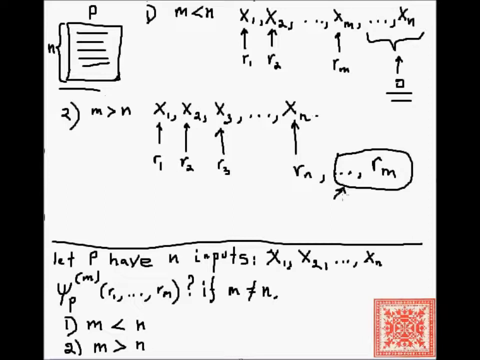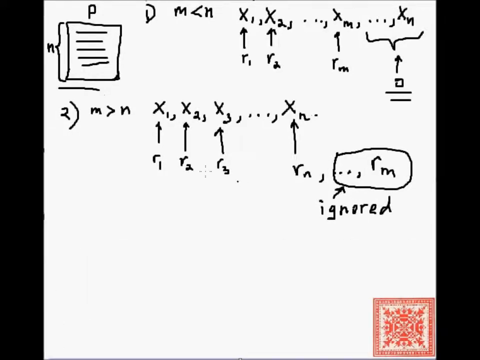So all of those extra or superfluous inputs are ignored. If the program has 5 inputs and we give it 6 or 10, all of those extra inputs will simply be ignored by the program.